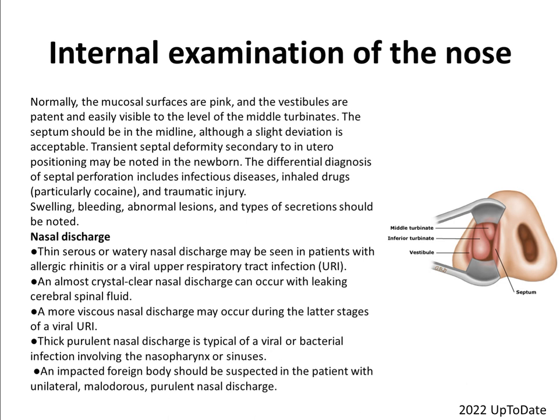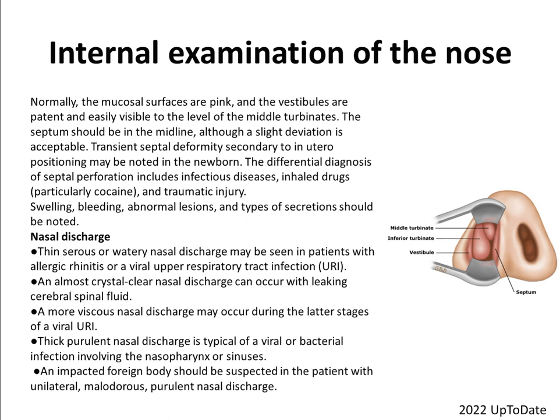Transient septal deformity secondary to in utero positioning may be noted in the newborn. The differential diagnosis of septal perforation includes infectious disease, inhaled drugs, particularly cocaine, and traumatic injury. Swelling, bleeding, abnormal lesions, and types of secretion should be noted.